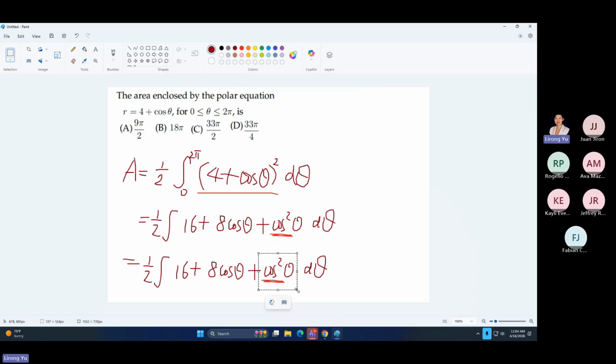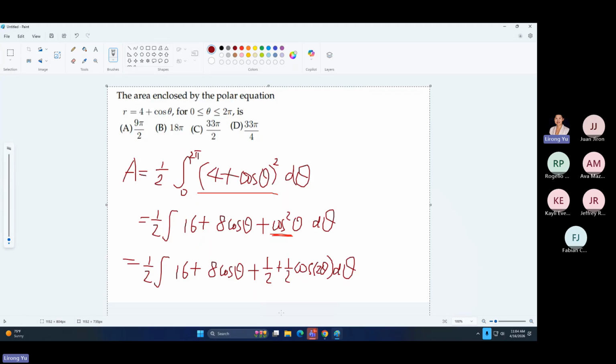We apply the double angle formula: cosine squared theta equals 1/2 plus 1/2 cosine 2 theta. At least the power is reduced instead of power 2. Now it's all power 1, and we're ready to integrate.